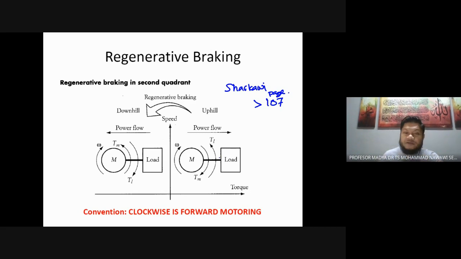This is the first quadrant uphill, and this is the second quadrant downhill, whereby your omega is in the same direction as the load torque, but the motor torque is opposing the load torque as well as the rotating direction of your motor. So that is uphill and downhill, and here we have regenerative braking.